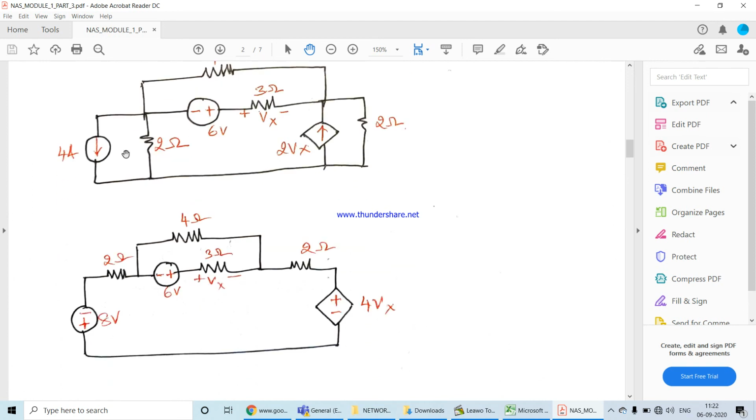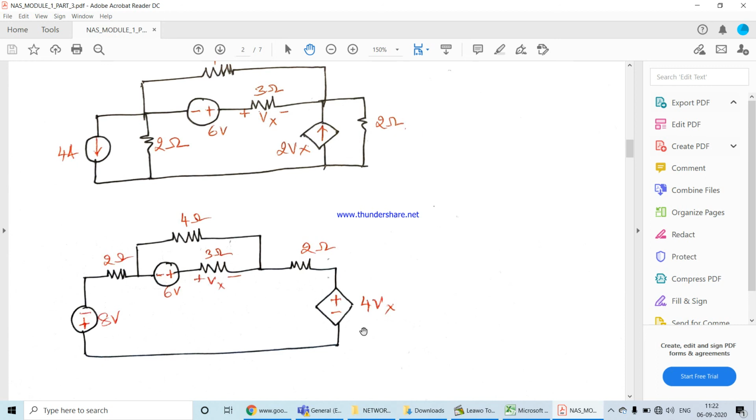When I do that, 4 into 2 is 8 volts, and that lies in series with 2 ohms. And you have minus plus because the arrow is downwards here. Then if you convert this dependent current source to a dependent voltage source, you just multiply the current value with the resistance.